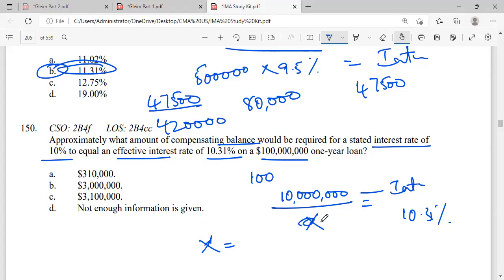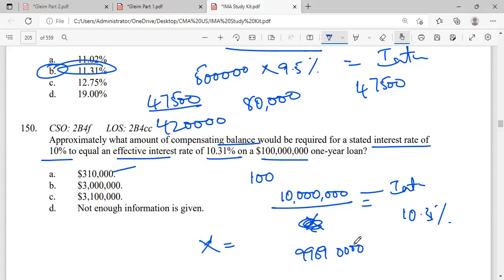Let us just take, suppose it is 310,000. How much would that be? 100 million minus 310,000 equals how much? 100 million minus 310,000 is equal to 99,690,000.